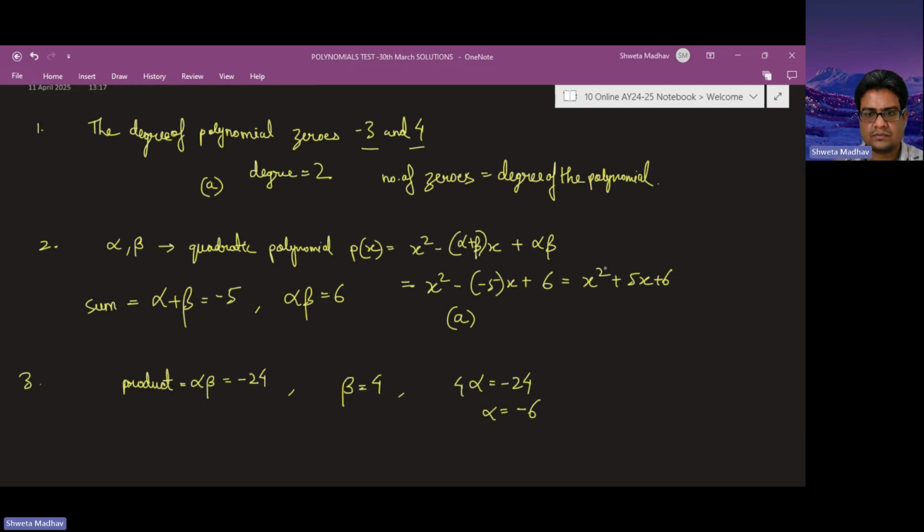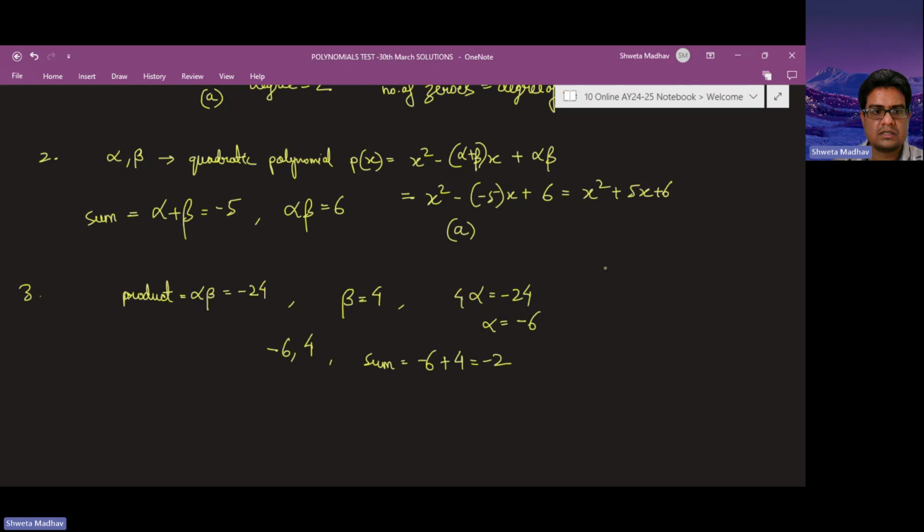So the zeros are -6 and 4. Their sum is -6 plus 4, which will be -2.